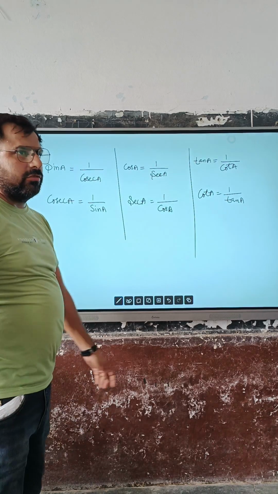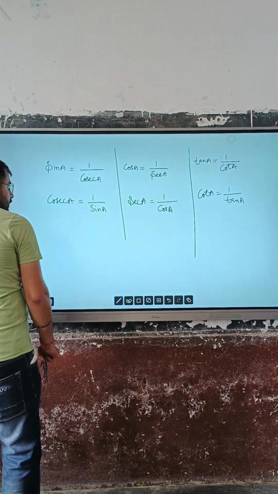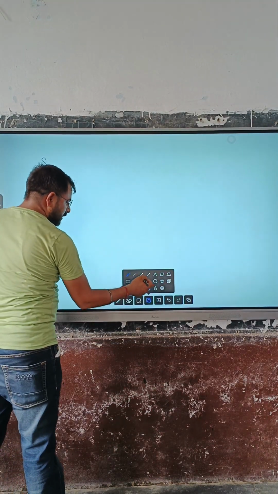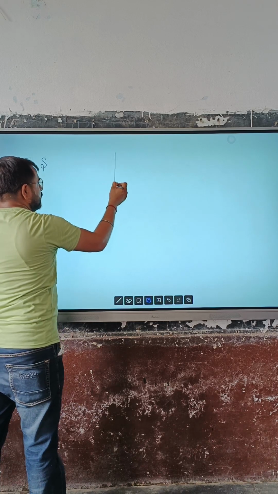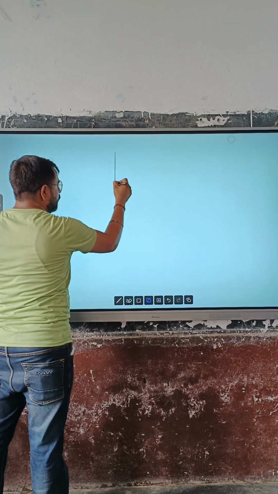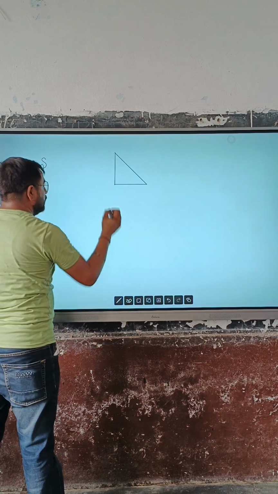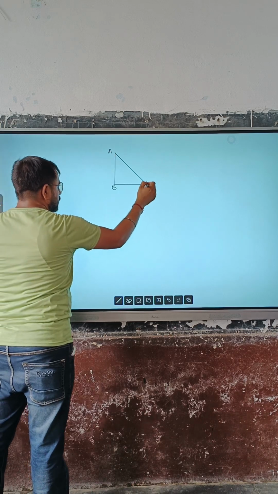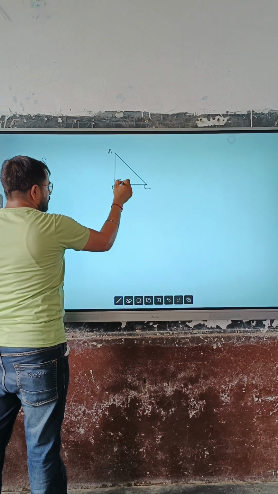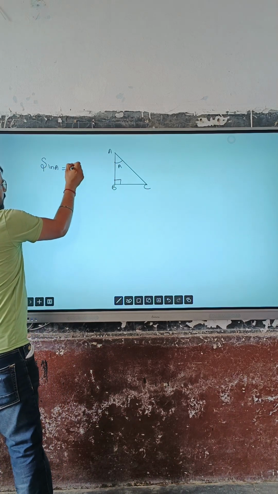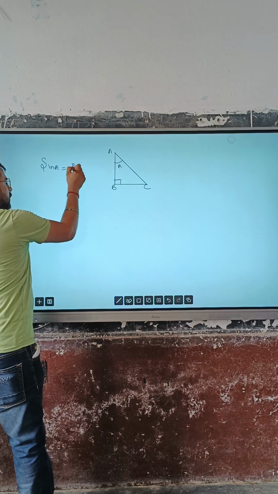Next relation is also derived: how sine and cos are related to tan, and how sine and cos are related to cot. According to the right angle triangle ABC, right angle is at B, and the angle is A. Sine of angle A is perpendicular upon hypotenuse.